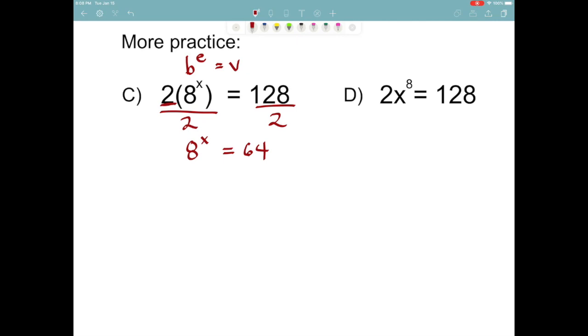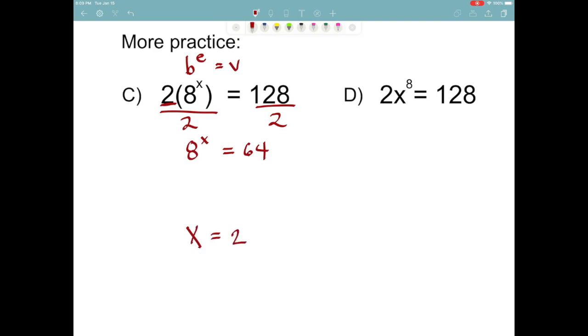Remember, you have to take the log of each side first. In the end, your answer should end up being x, hold on, my pen stopped working. That's not good. Well, it should be x equals 2, and I don't know why my pen's not working on here. There we go, x equals 2.